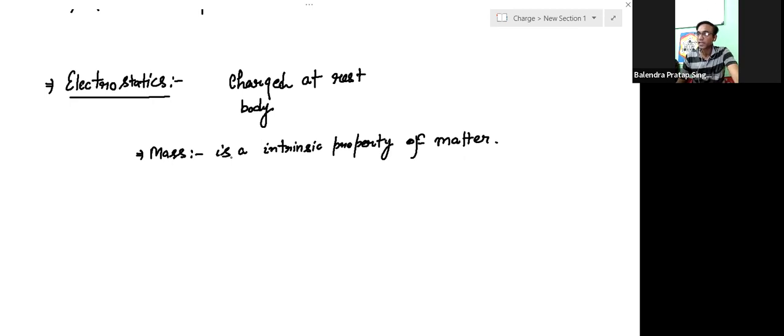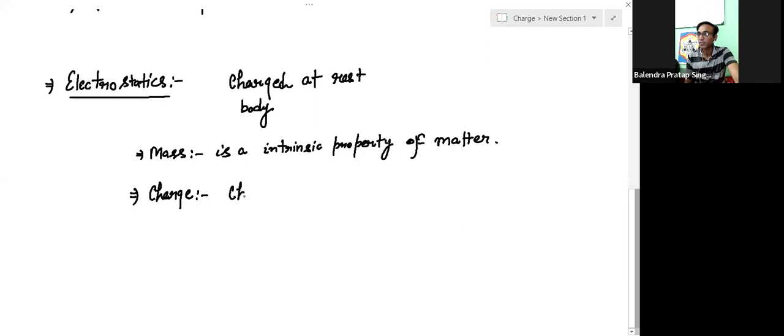Okay, so for that people discovered a new parameter which is charge. So just as mass, charge is also an intrinsic property of matter.